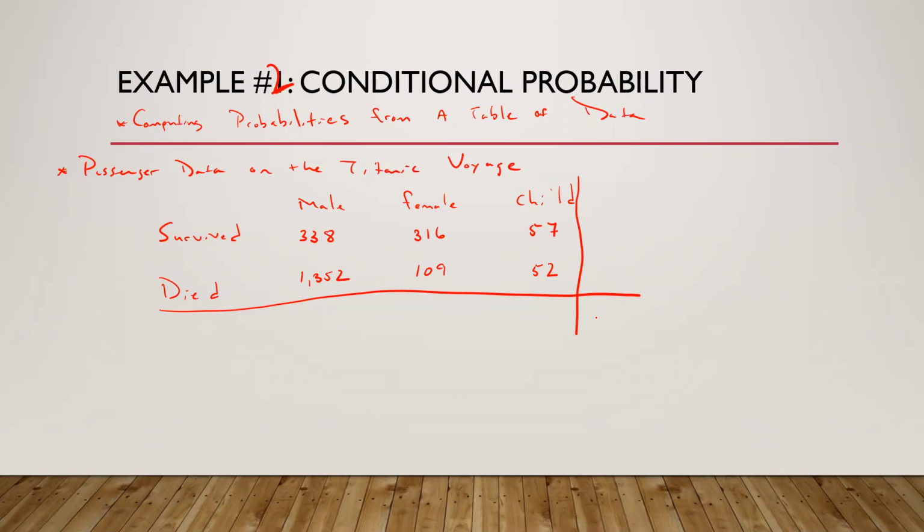Okay. So here's what you're going to do. Imagine you have a list of passenger data. You have a list of everybody's name and all their information.